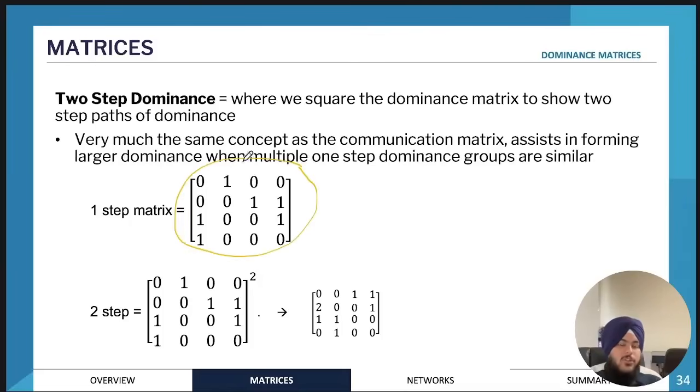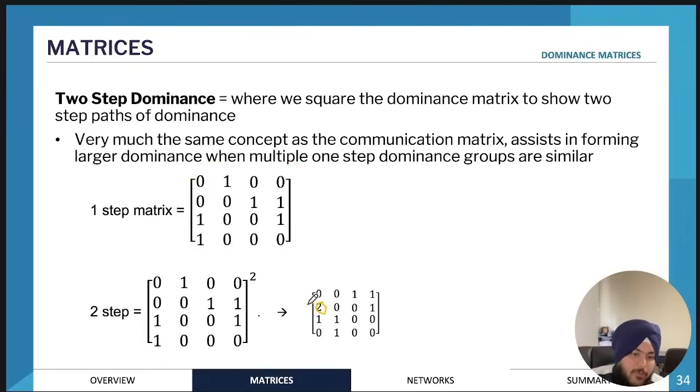So first you would have to construct the one-step dominance matrix and then square it to find the two-step dominance matrix. And what this 2 shows here is, for example, it was A and B.